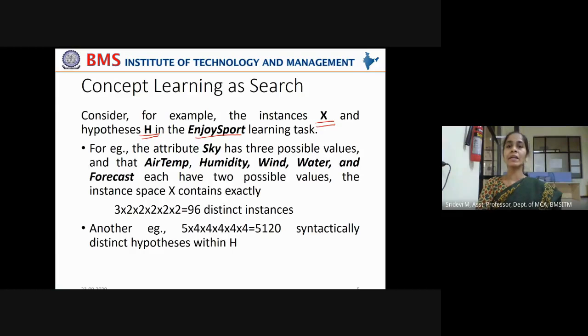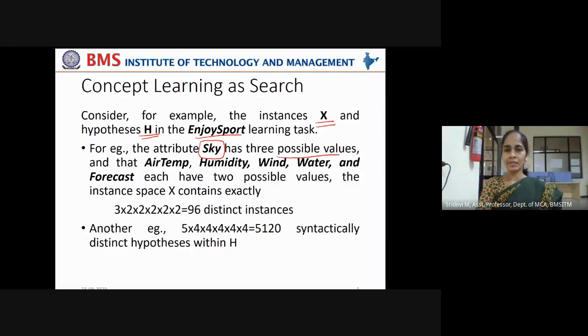how many possible instances can be generated by taking possible values under each attribute. Listen carefully. For example, the attribute sky, that is your first attribute, first column in the enjoy sport learning task, has three possible values. Say rainy or stormy or windy or clear sky, like that.